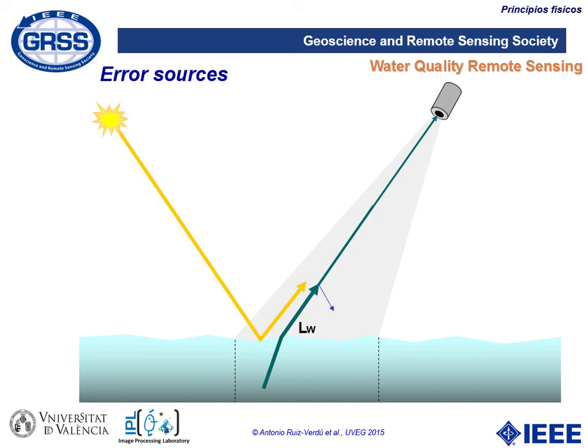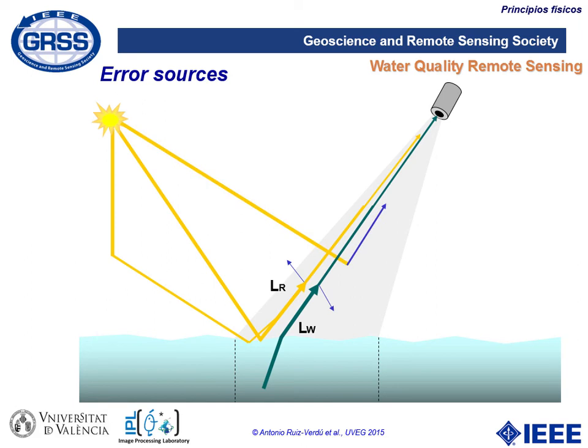But also we have this directly reflected light from the sun, which is also entering in the field of view, or diffuse skylight, which is also reflected within the field of view, and this is the reflected light contribution that we should remove, and also propagated and attenuated through the atmosphere.